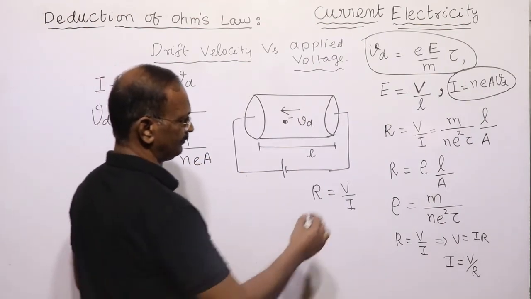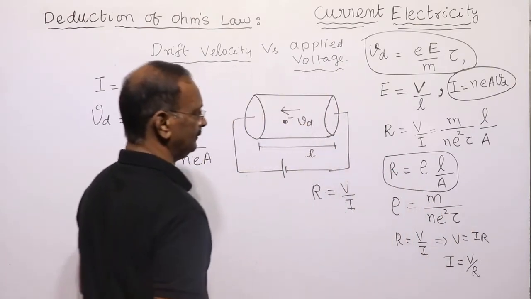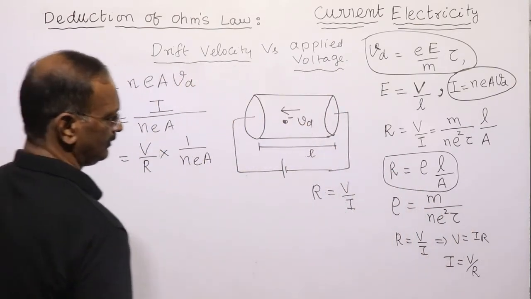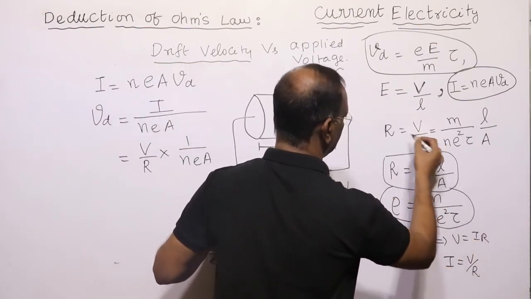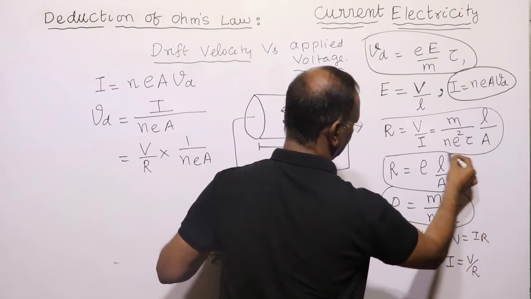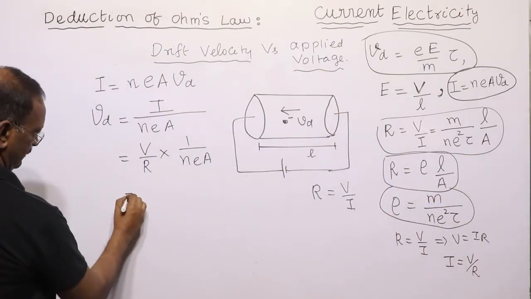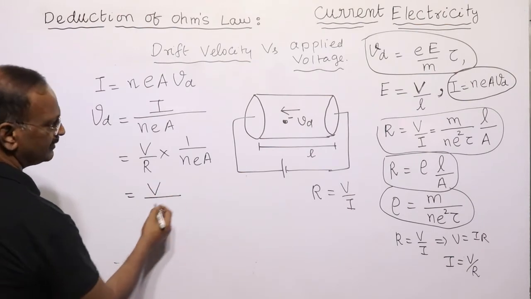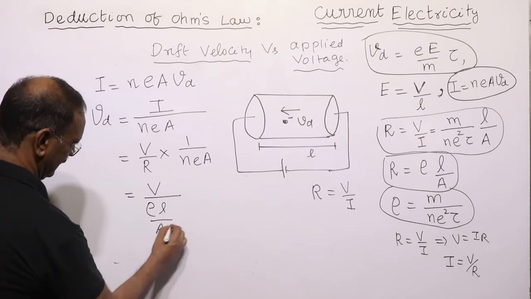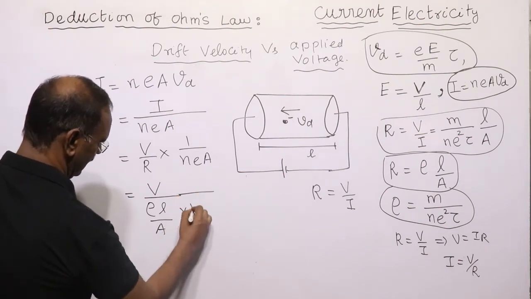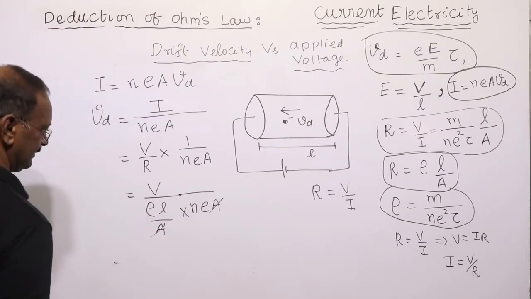R is equal to rho L by A. Substituting, A and A get cancelled.